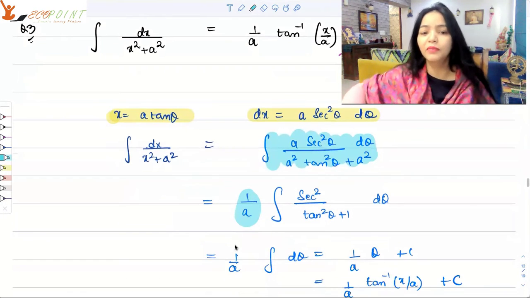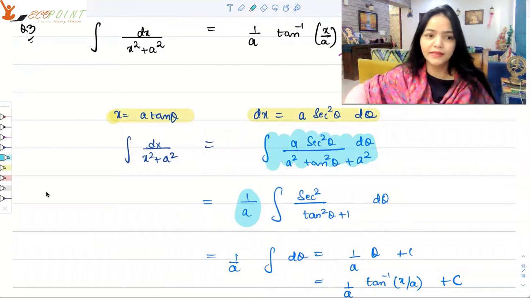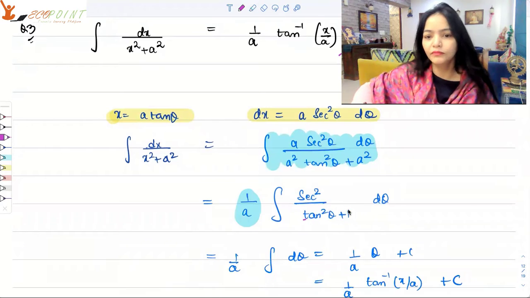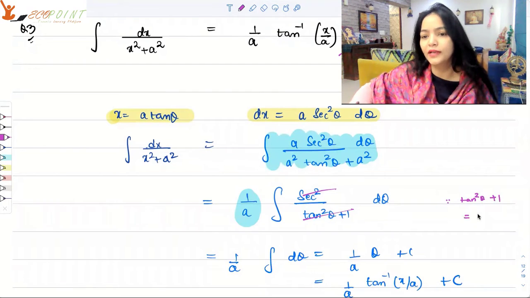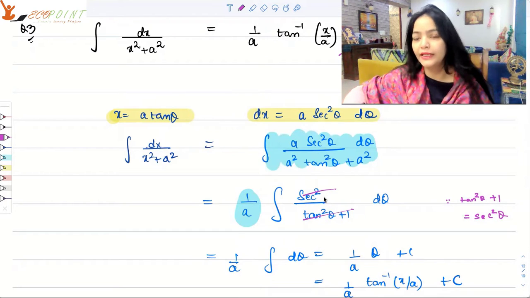So this cancels out with this, since they both are equal, because tan square theta plus 1 is actually equal to secant square theta, that is secant square theta minus tan square theta is equal to 1, using that identity. And hence it's just the integral of 1 upon a d theta, which will be 1 upon a theta plus c.